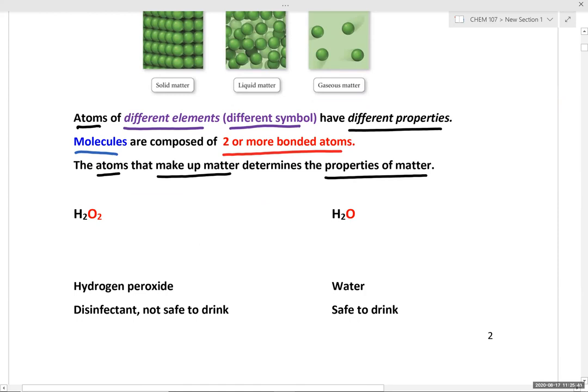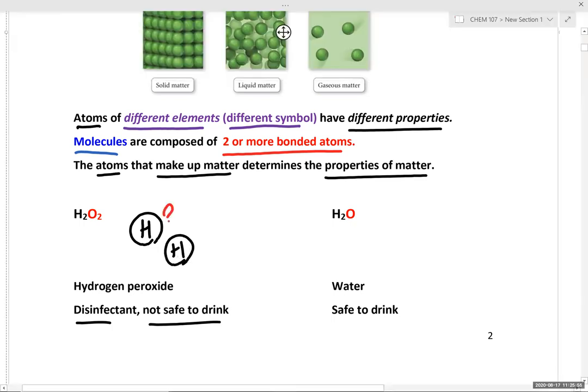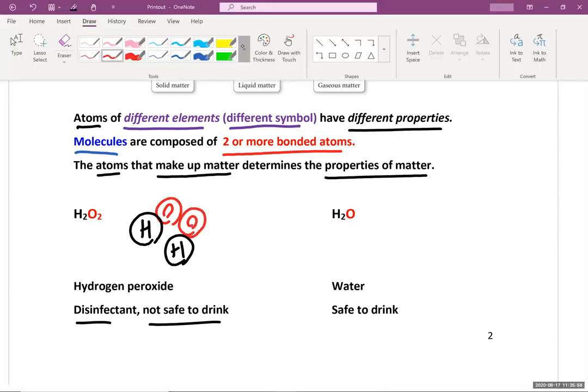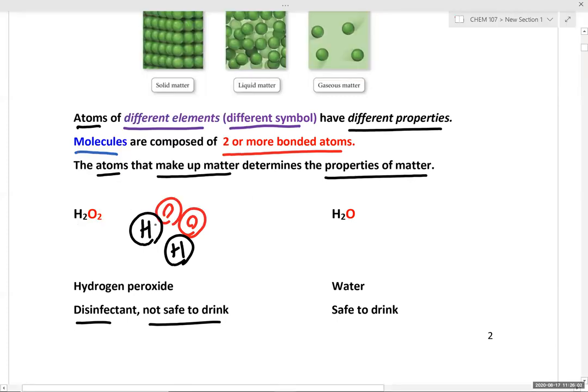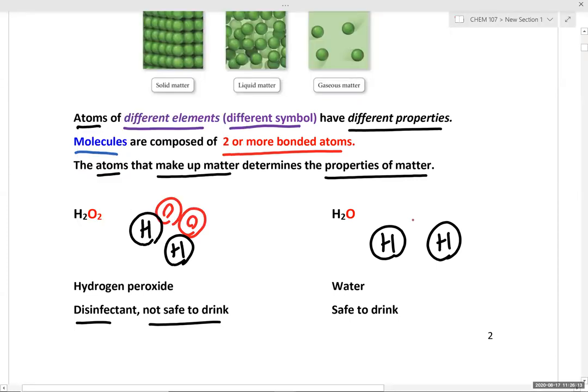Hydrogen peroxide, H2O2. It's a disinfectant. It's not safe to drink. So we can write H2O2. We have 2 hydrogens and 2 oxygens. So H2O2 is composed of a certain number of atoms of different elements. Water, which is written as H2O, has a different number of atoms bonded together.